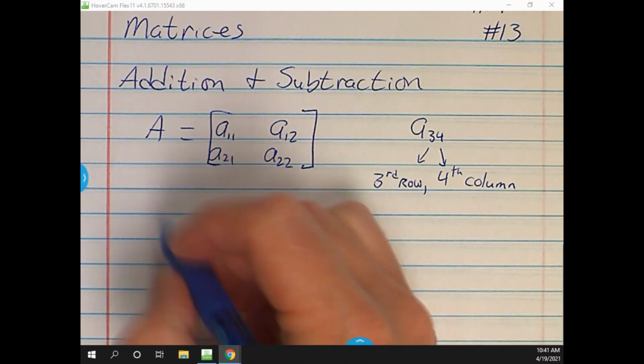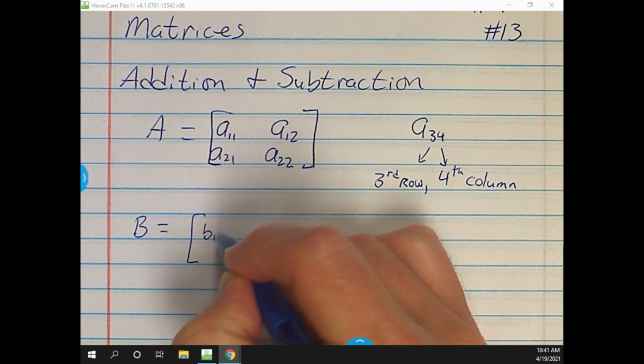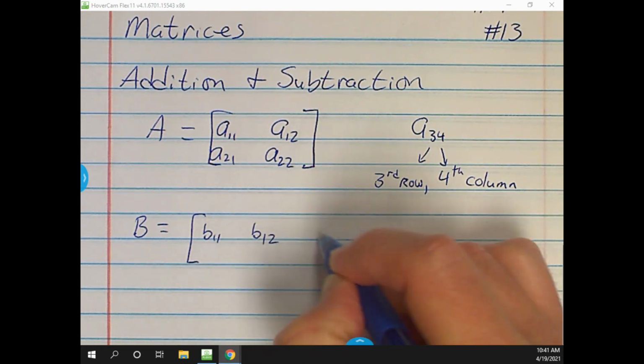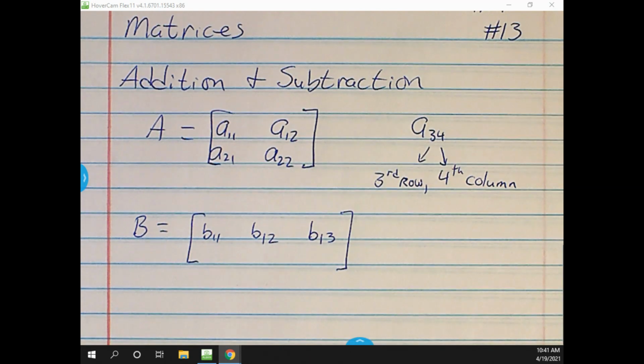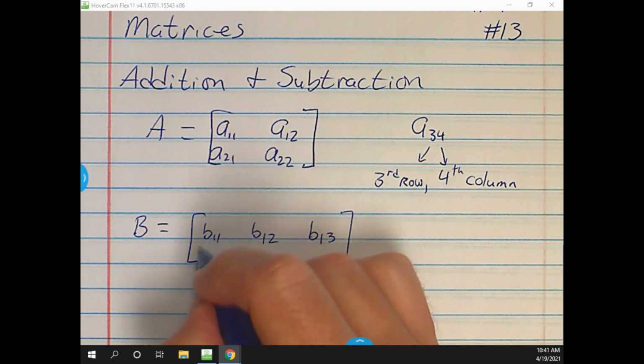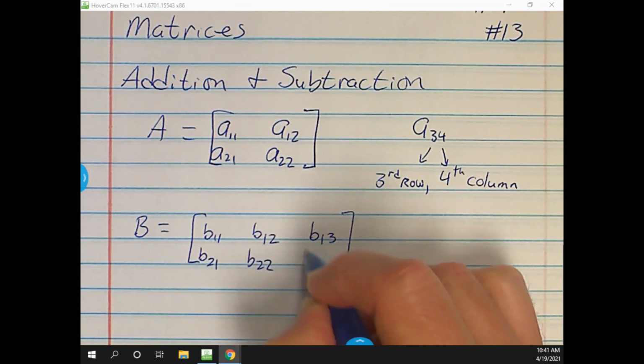So if you talked about matrix B, we're talking about B11, B12, and if you had three numbers, it'd be B13, because that would be the first, second, and third column, still all in the first row. Below that, it'd be B21, B22, and then B23.